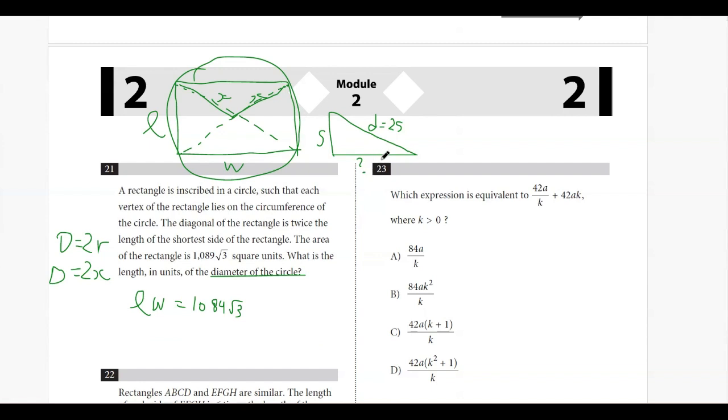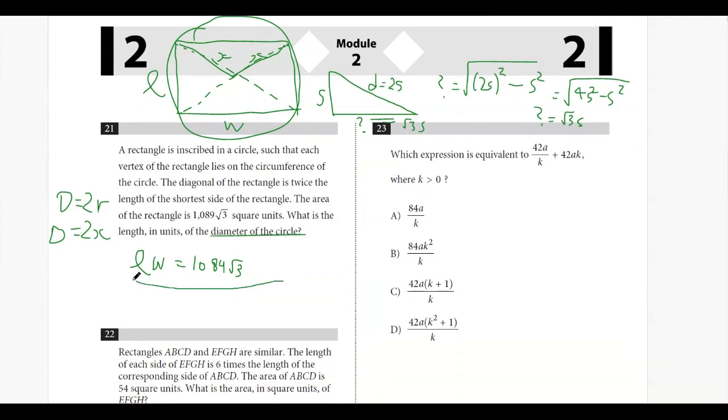I can go ahead and apply the Pythagorean theorem. So the question mark is equal to the square root of 2s squared minus s squared. This becomes 4s squared minus s squared, which is equal to square root 3 s. So my question mark is square root 3 s. And we know this relationship here, right?